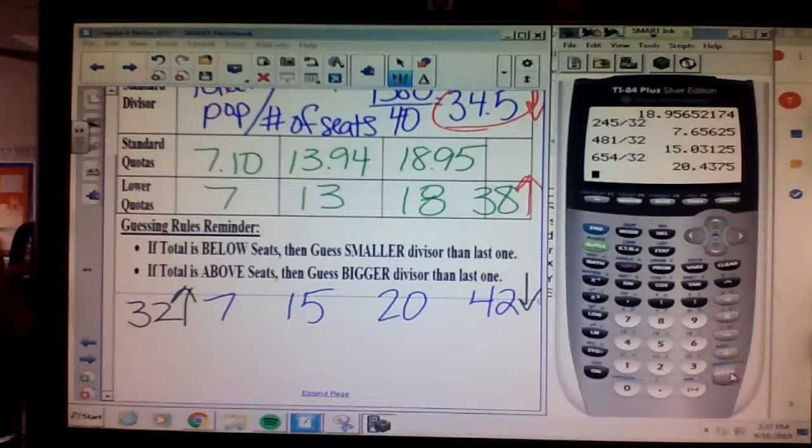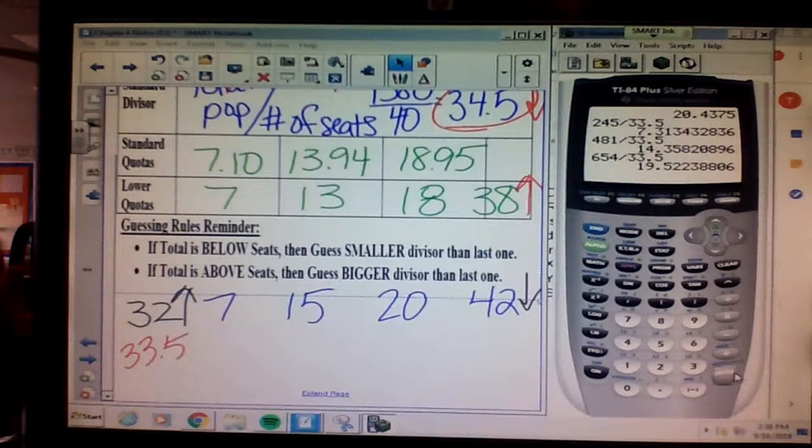So this number needs to go down, which means 32 needs to go up. So I need to be lower than 34.5, but higher than 32. You want to guess next? 33.5. I heard 33.5. 245 divided by 33.5. I need to do 481 divided by 33.5, and 654 divided by 33.5.